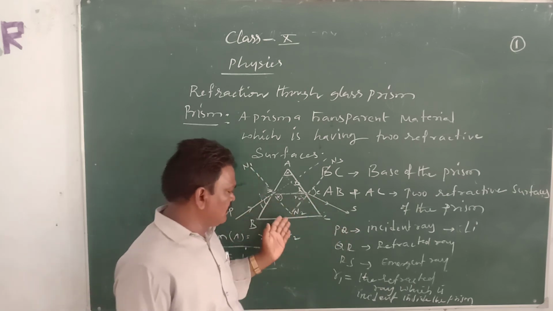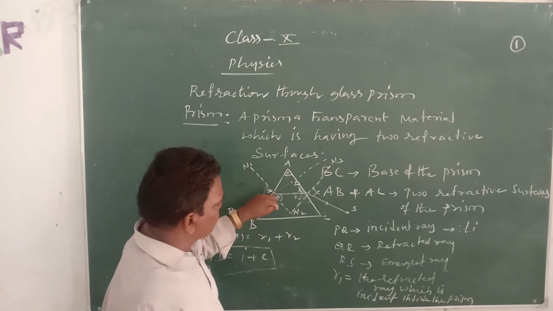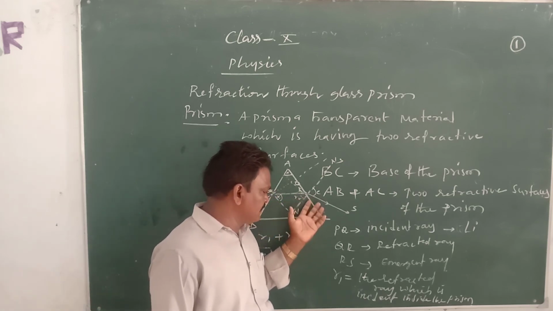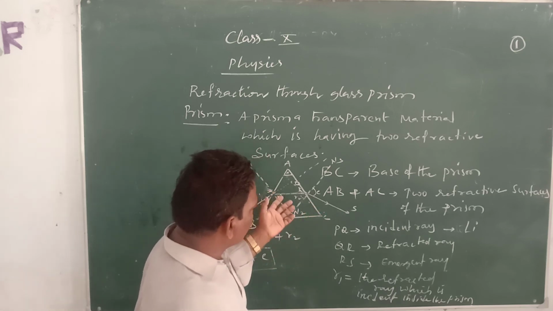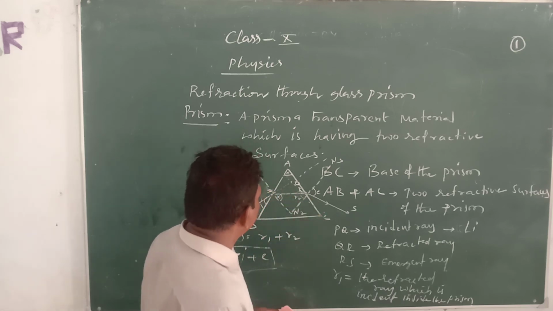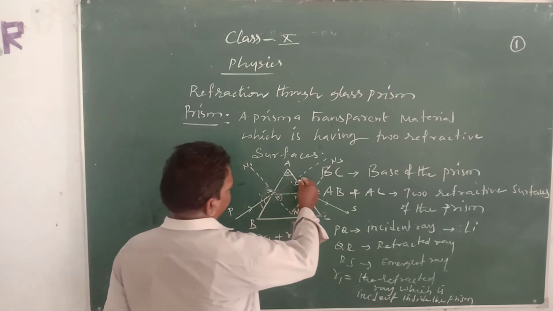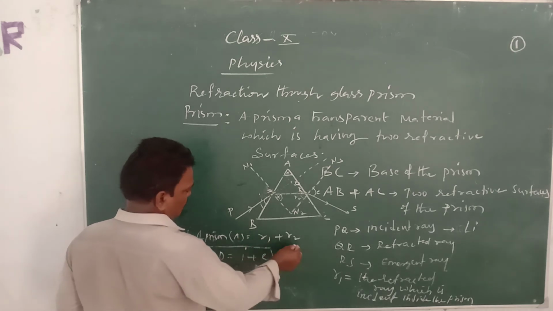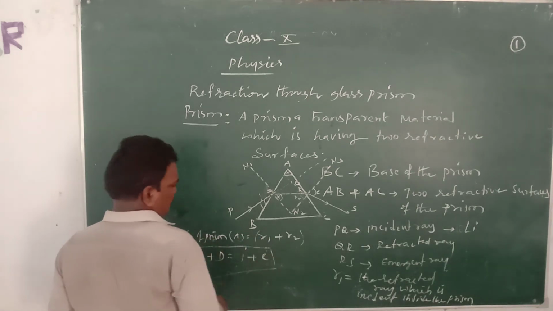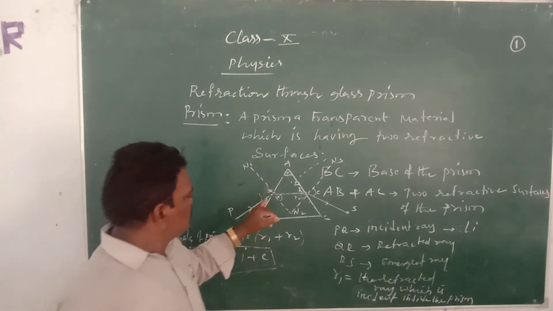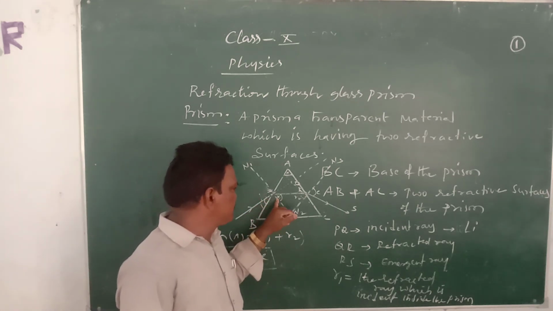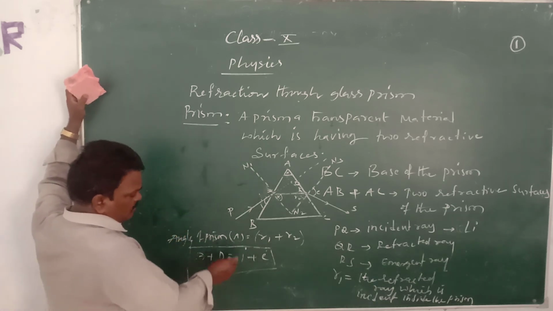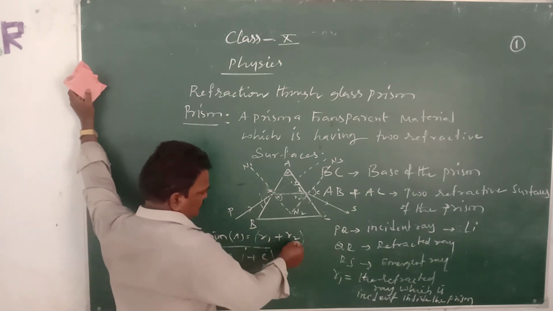R1 and R2 are the refracted rays, R1 inside the prism and R2 at emergence. Then for the prism, the angle of prism A is equal to R1 plus R2, the refracted angles inside and outside the prism.